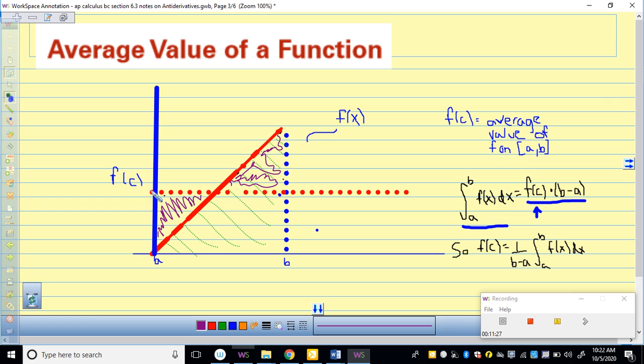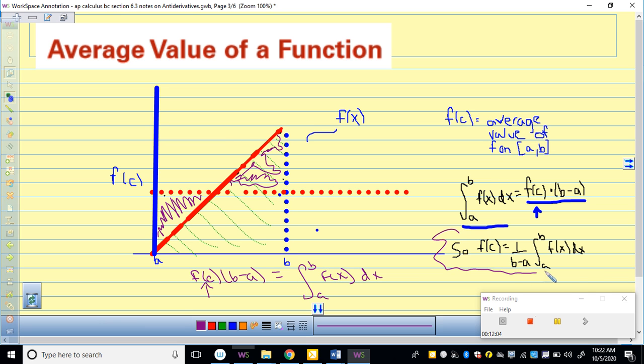So you can visually see that the area of this rectangle, which would be f of c times b minus a, ends up being the same as the area under the curve from a to b of f of x dx, because that triangle is the same size and shape as the triangle we have under here. f of c is our average value, so if we want to find the average value of a function, we just divide the b minus a to the other side, and we get this.